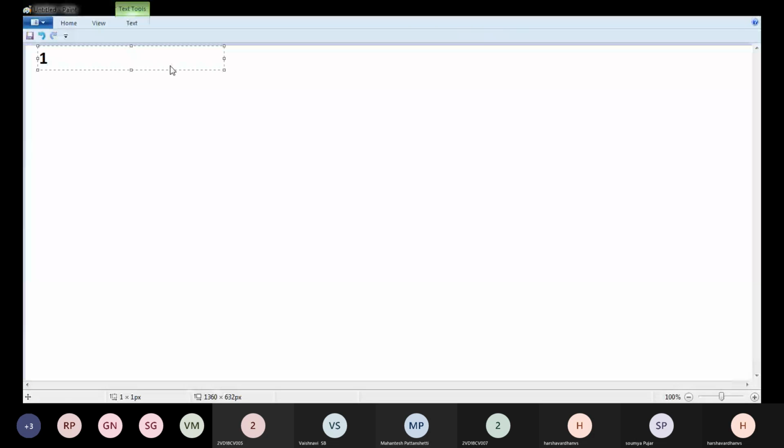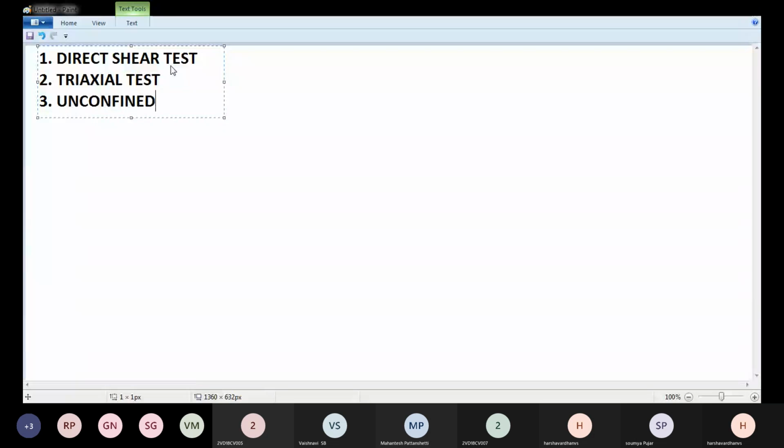Well, there are 4 tests. A direct shear test, second is triaxial test, and third is unconfined compression test.